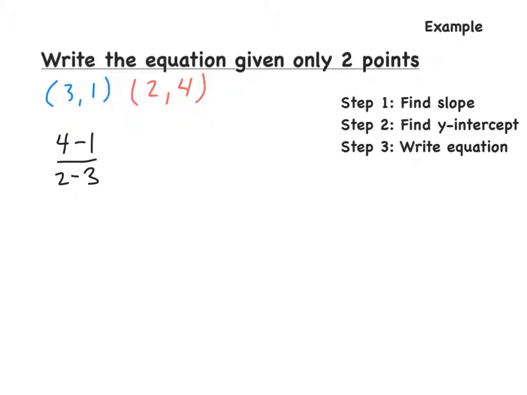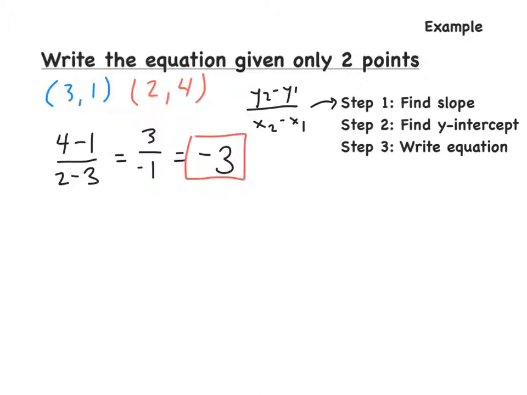Remember, to find slope, y2 minus y1 over x2 minus x1. If we solve this, 4 minus 1 is 3, 2 minus 3 is negative 1, so our slope is negative 3. So that's one thing, slope, negative 3.